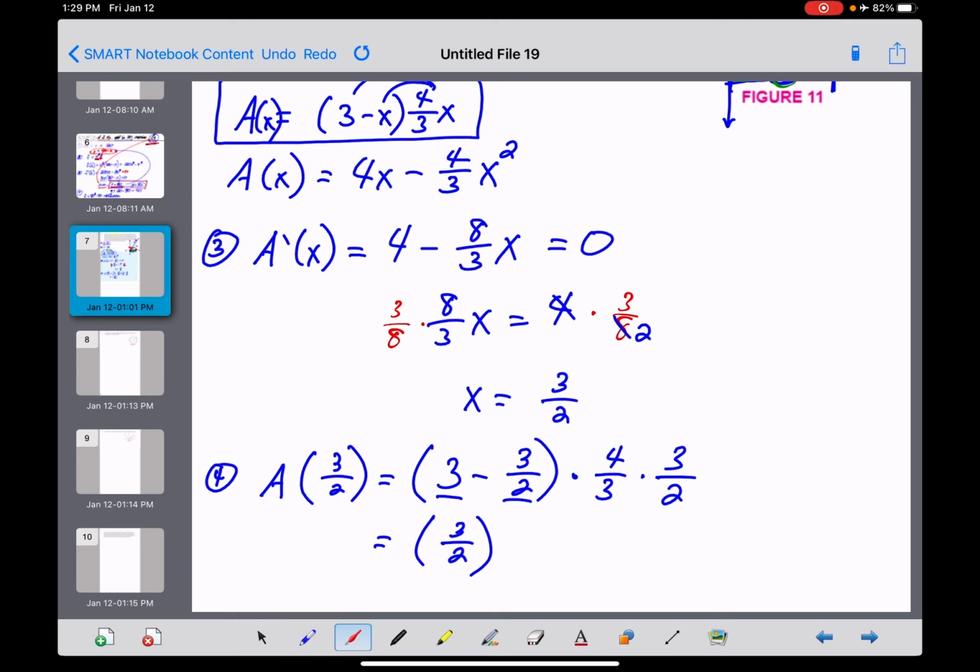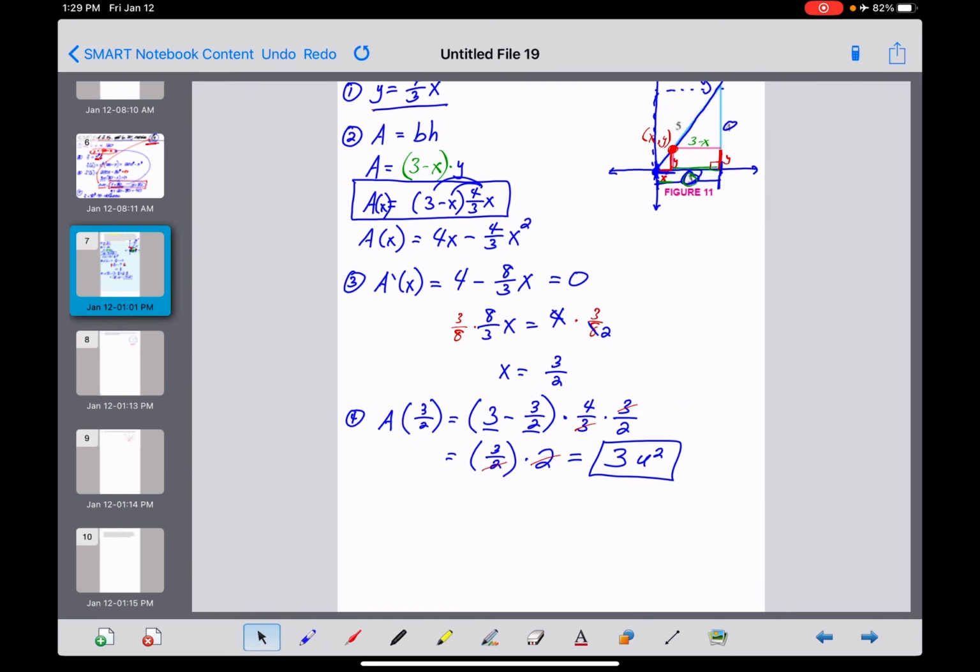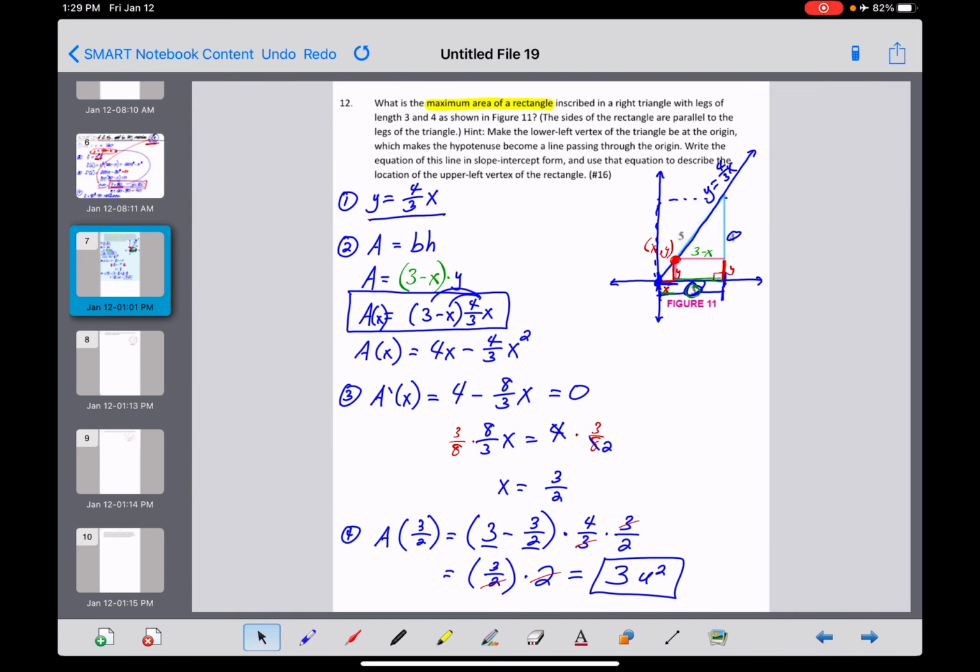And when I go to multiply this, 3 on the bottom, 3 on the top cancel out, and I'm left with 4/2, which makes 2. And now this 2 and that 2 cancel out, and we just ended up with 3 square units for the maximum possible area for that rectangle that we could get inside of that triangle. Okay, so that is number 12.